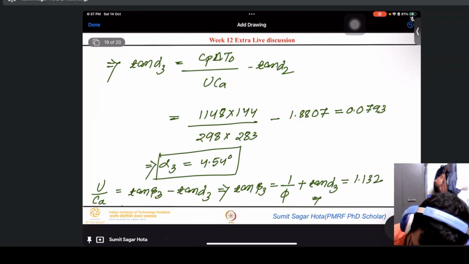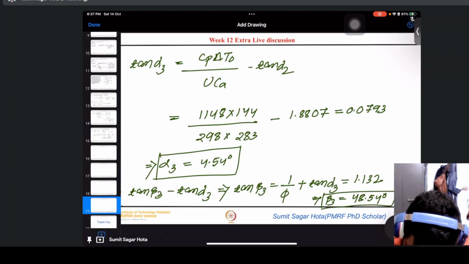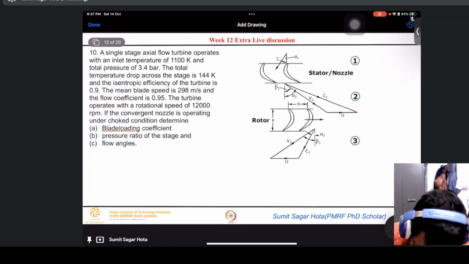So what is beta 3? 48.54 degree. Okay, so what is asked in the question, what is the flow angles?